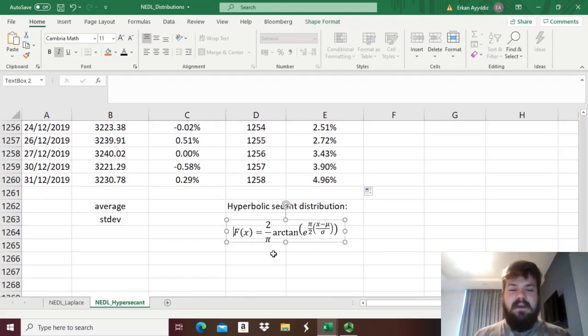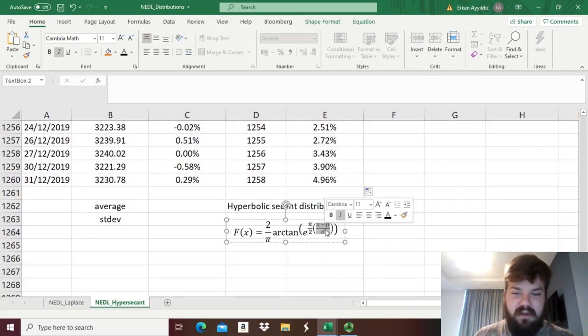So here we account for this fact by plugging in not just the value of x adjusted to a particular mean and standard deviation, but actually the exponent of it.